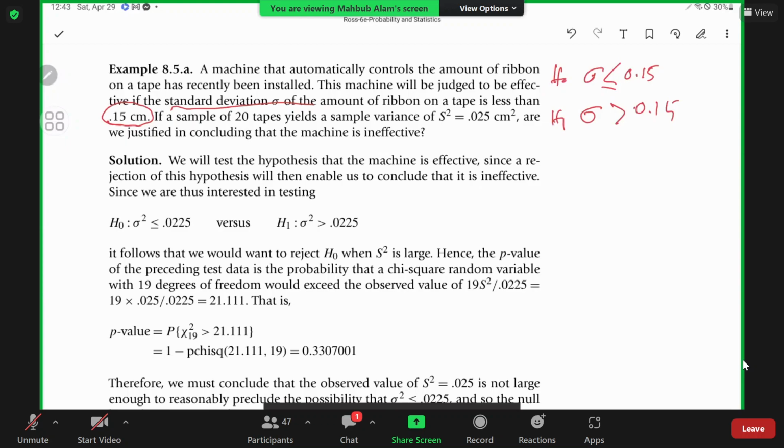Since it is 21, it will be closer to 0.5. 22.5 will make it 0.3. So since it is 21, it will be closer to 0.33 or something like this.